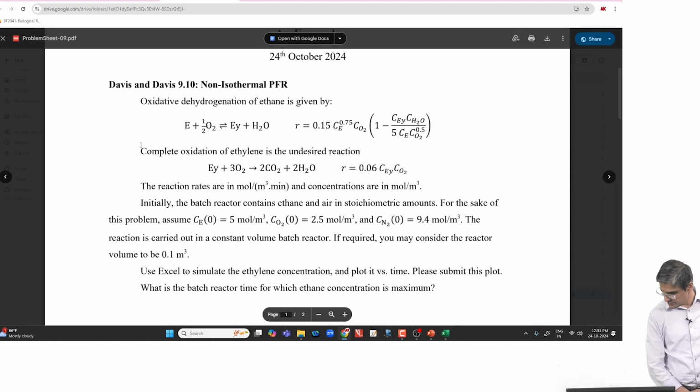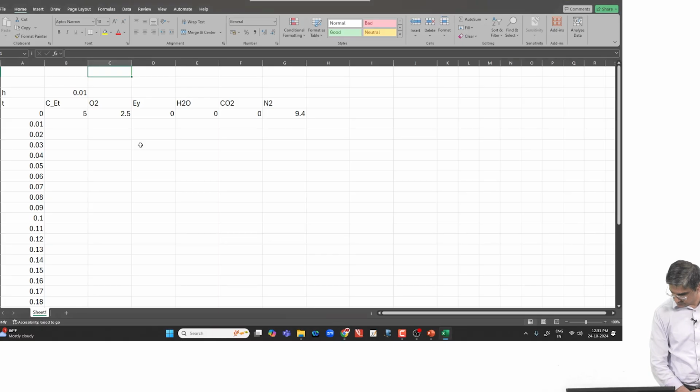We have our K1. Let's calculate reaction rate R1 and reaction rate R2.